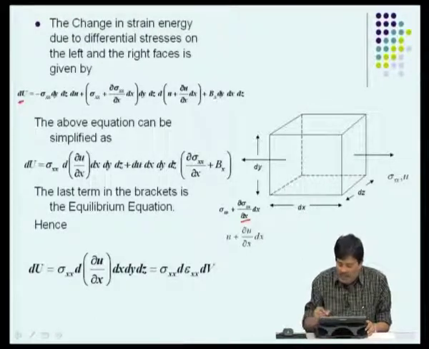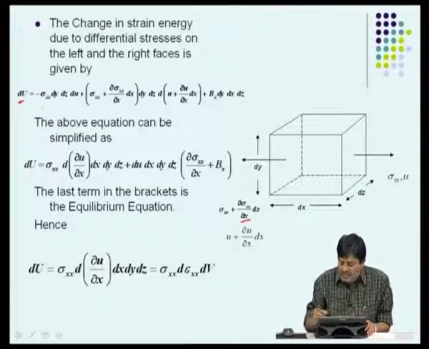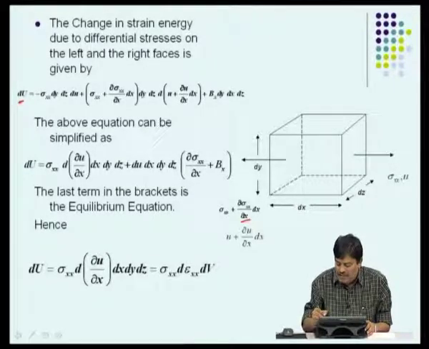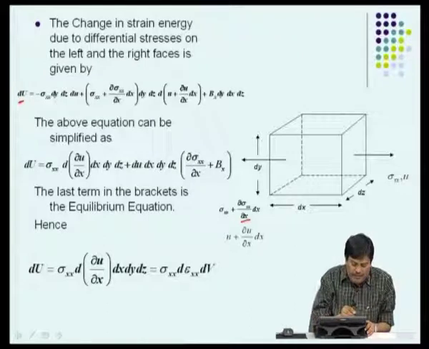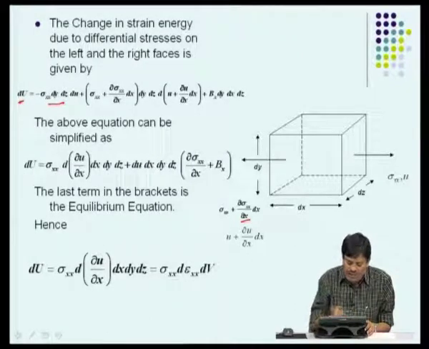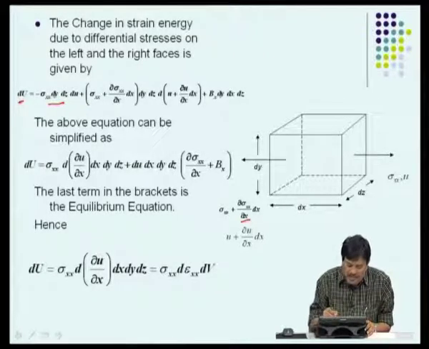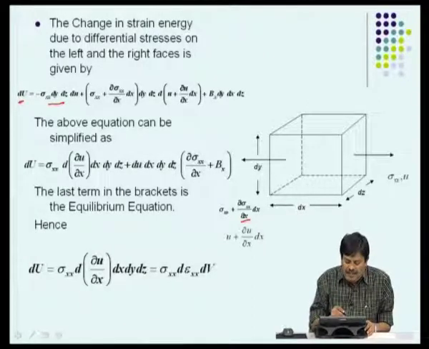On the right face we have stress multiplied by the area of the cross section, which is dz into dy, multiplied by du. On the left side we have sigma xx, this component of stress, multiplied by dy and dz again, and multiplied by the change in the displacement, which is given by this.